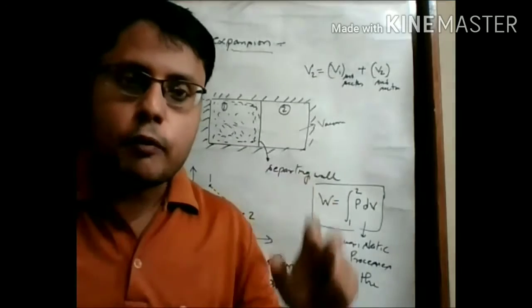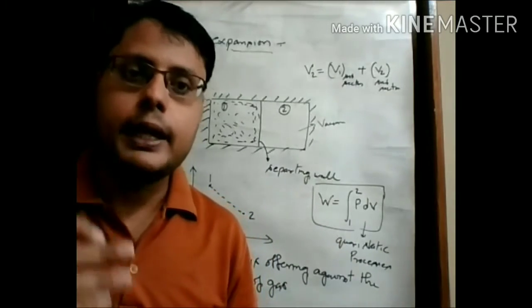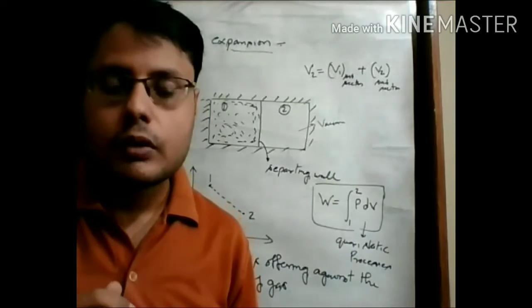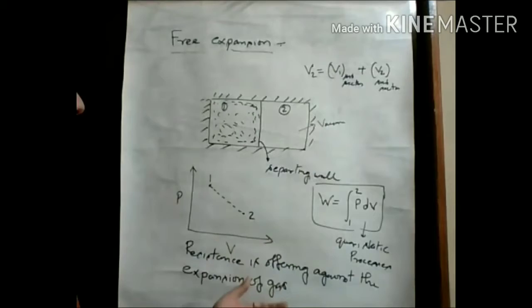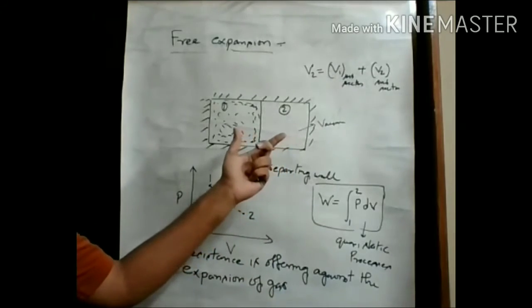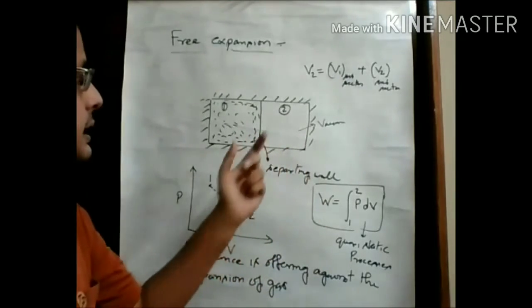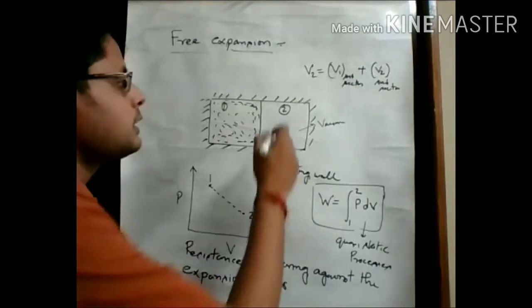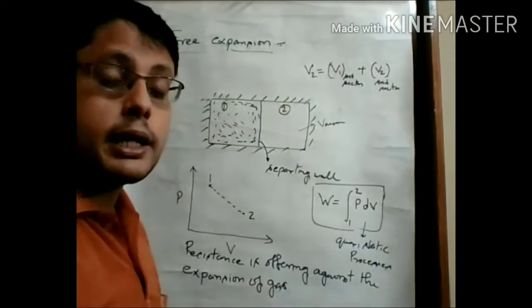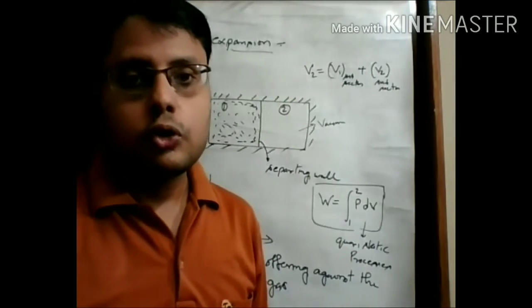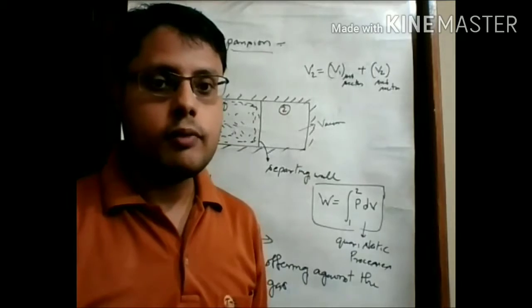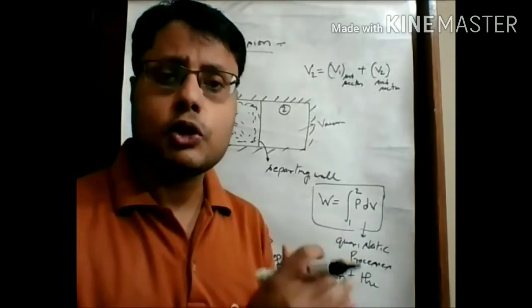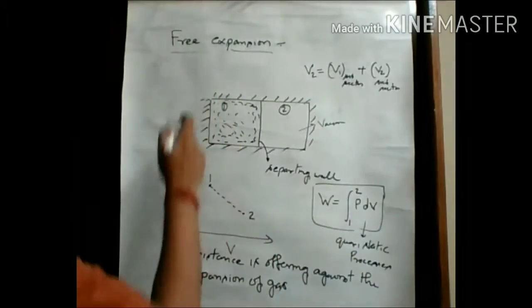In such events where resistance acts against the motion, work is done. But in this case, there is no element offering resistance against the expansion of this gas, because in the second subsection there is vacuum. Such a process, in which no body offers resistance against the expansion of the gas, is an example of free expansion.